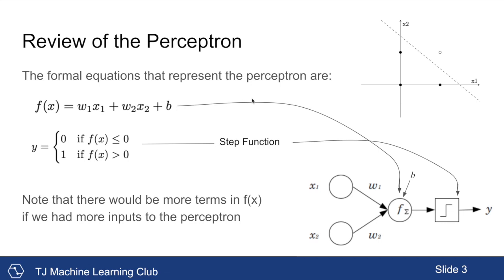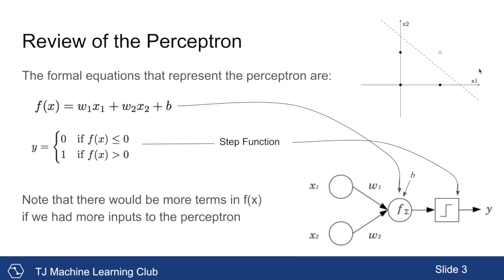And when we view this in the two-dimensional perspective, where we only have two inputs, x1 and x2, when we plot all of the items in a data set and plot what the perceptron is doing, we can see that it's nothing more than drawing a linear decision boundary, right? It's just a line. And it's a line in 2D, but in higher dimensions, it's just going to be a plane. But the idea is the same. It's just linearly separating the data that we have.